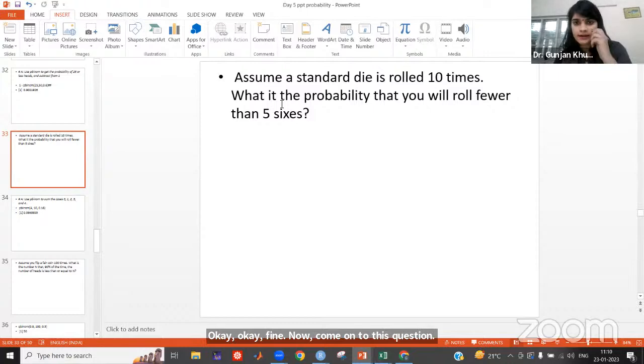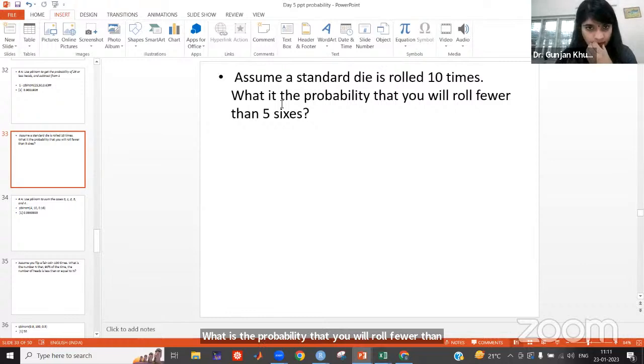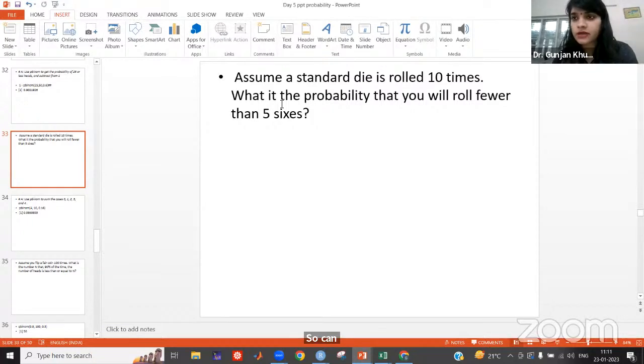So assume a standard die is rolled 10 times. What is the probability that you will roll fewer than 5 sixes? So capital X is the number of sixes.